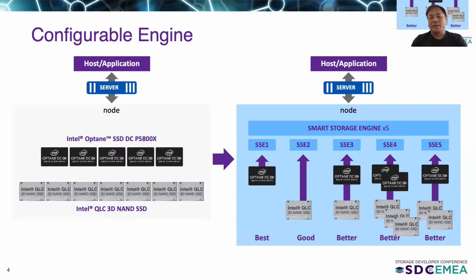On the right side, this is just an example, we got 5 engine configurations. I call them good, better, best. Good is really intensive on cost saving, so all QLCs, and the best is all Optanes, which is high performance, but the cost is high. And then you have different ratios of Optane plus QLC to make a balance between performance and cost.